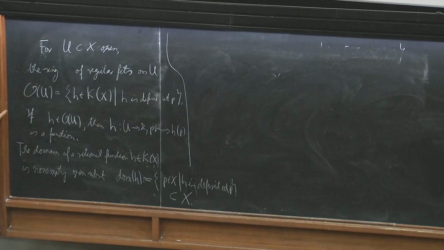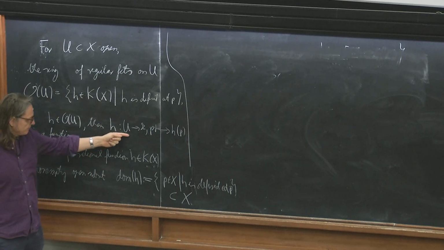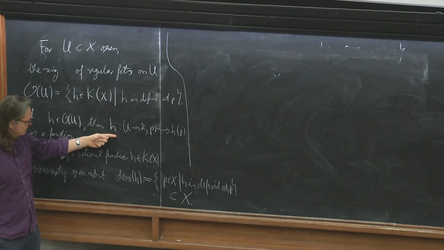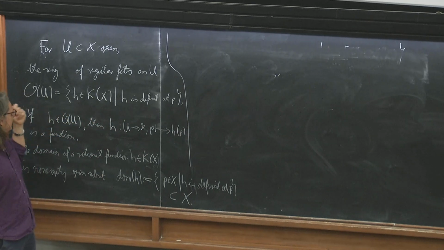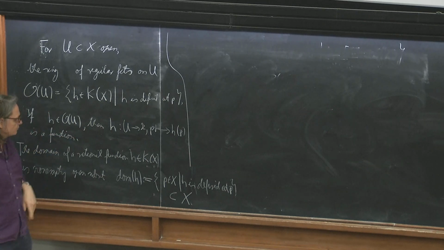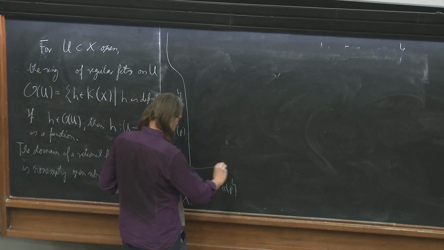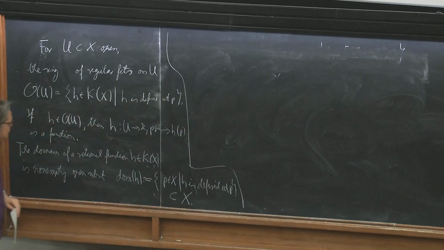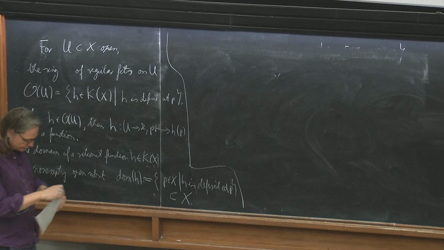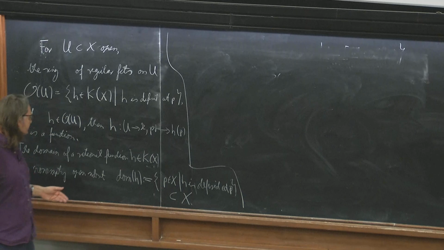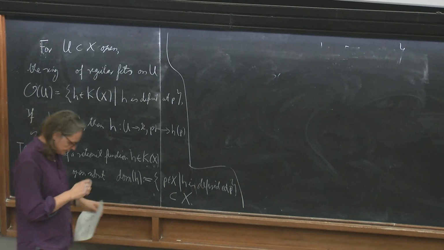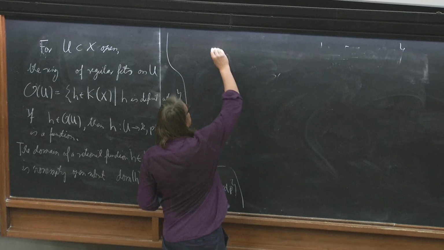But obviously, we would also want to see that we can identify this subset of K(X) with a set of functions from U to K, and we also want to describe in a different way what these functions are. So this is the following proposition.